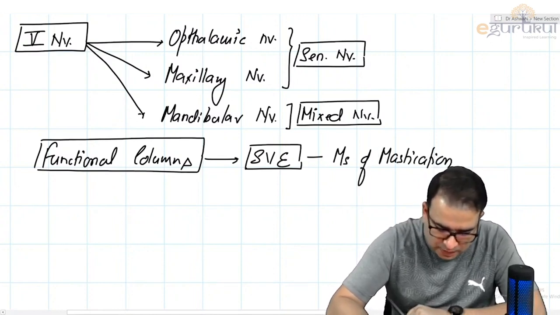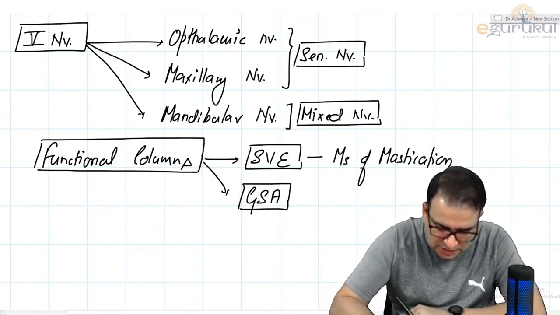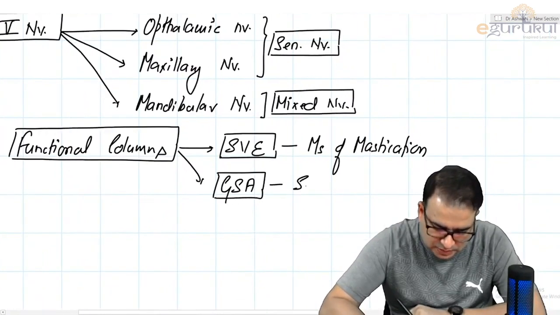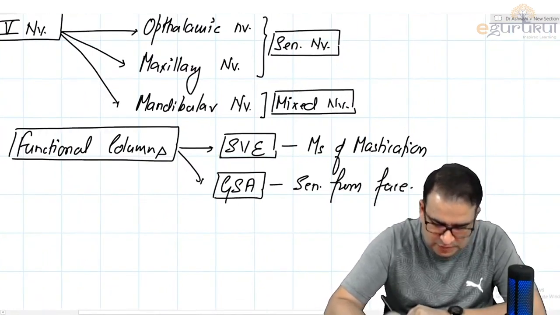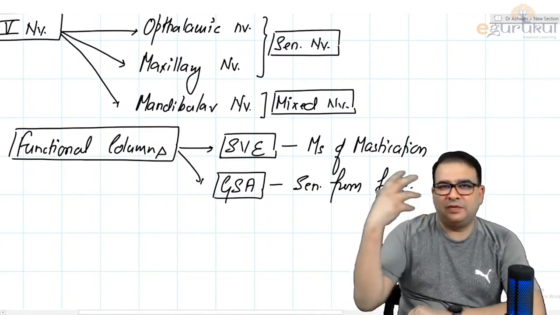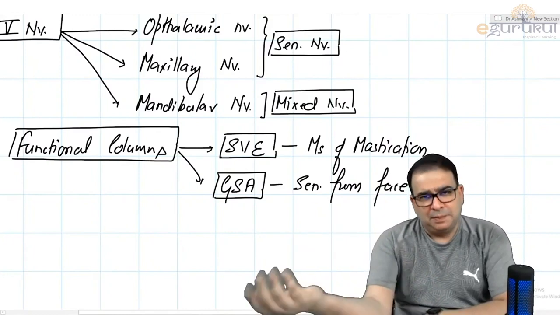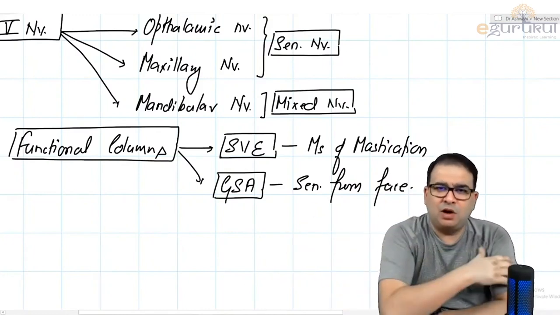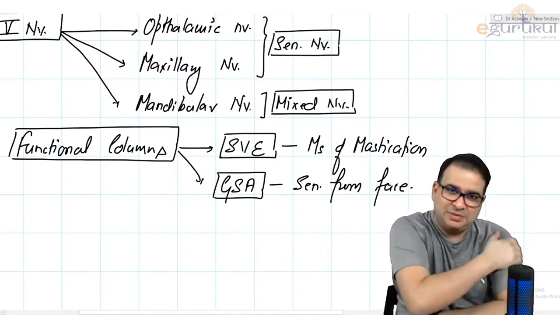And the second column is GSA. Why GSA? Because it is taking sensation from the face. The trigeminal nerve will take the general sensation from the face. It could be anything: proprioception, pain, temperature, touch, pressure, whatever, that will all come into GSA. That's why we have the two columns for the trigeminal nerve.